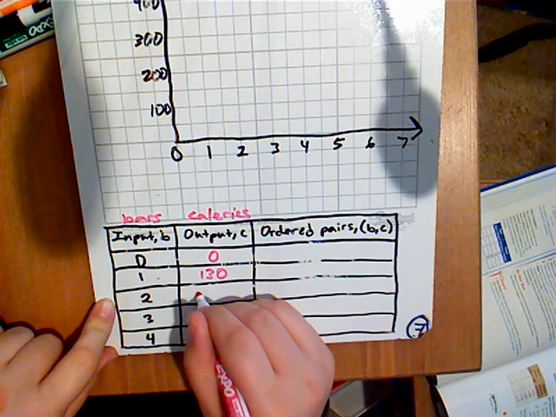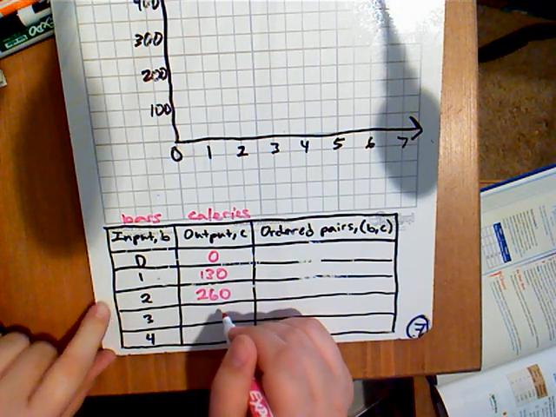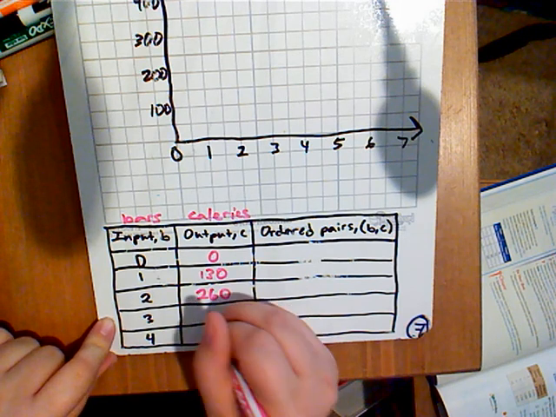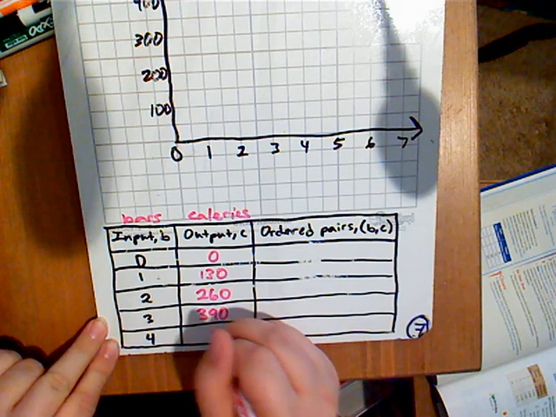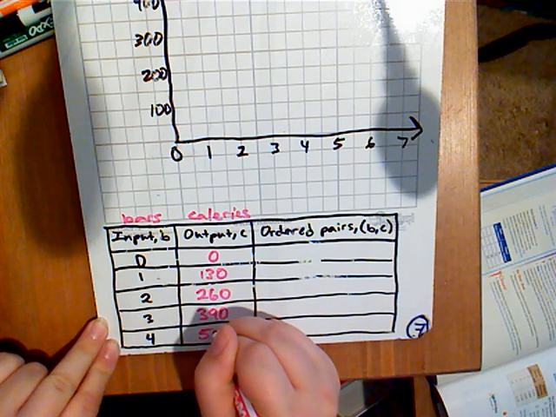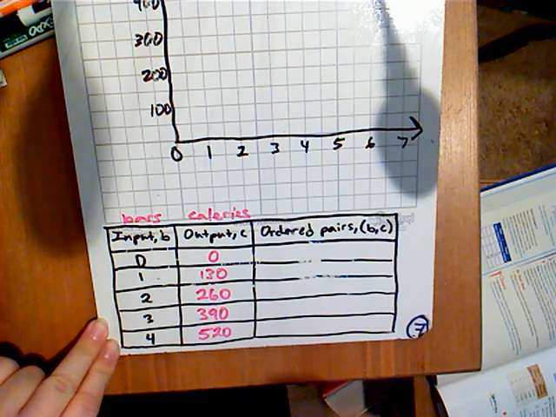So 2 bars is going to be 260. 3 is 390. And 4 would be 520.